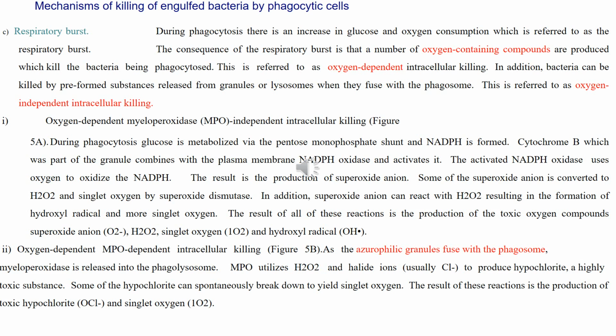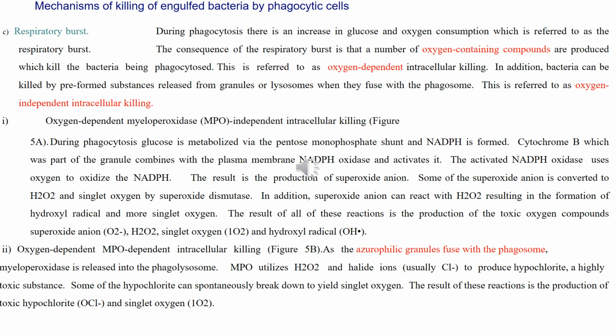Some of the superoxide anion is converted into hydrogen peroxide and singlet oxygen by superoxide dismutase. In addition, superoxide anion can react with hydrogen peroxide, resulting in the formation of hydroxyl radical and more singlet oxygen. The result of all these reactions is the production of the toxic oxygen compounds superoxide anion, hydrogen peroxide, singlet oxygen, and hydroxyl radicals. All these are reactive oxygen species.